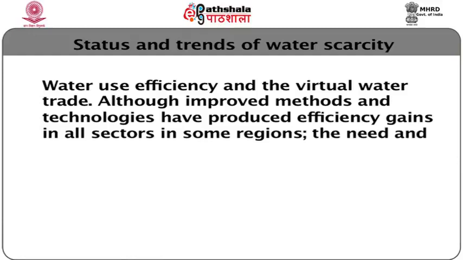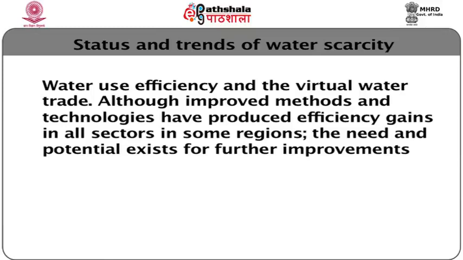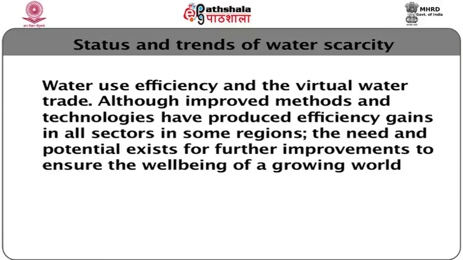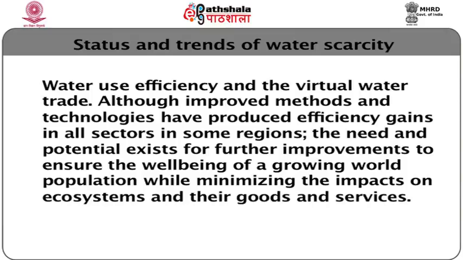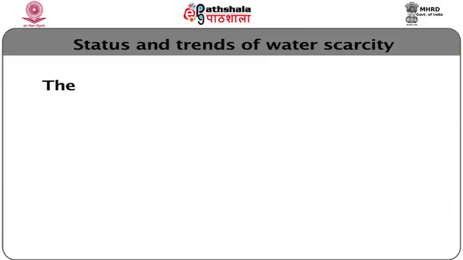Although improved methods and technologies have produced efficiency gains in all sectors in some regions, the need and potential exist for further improvement to ensure the well-being of the growing world population while minimizing the impact on ecosystems and the goods and services.